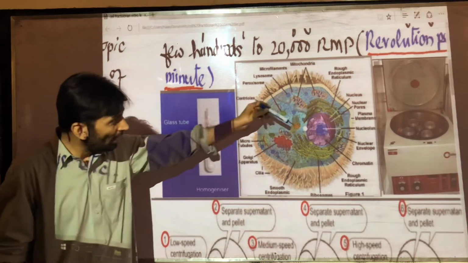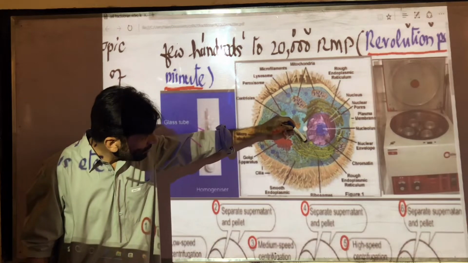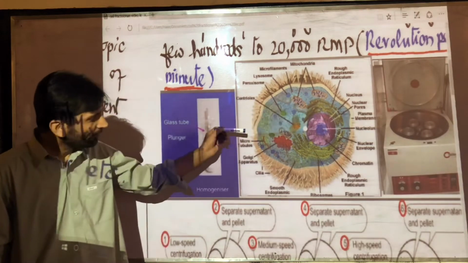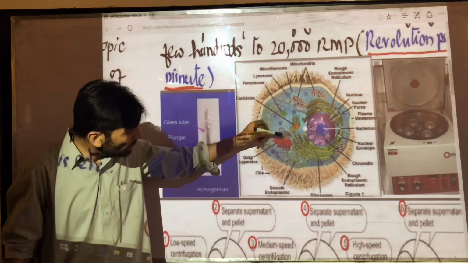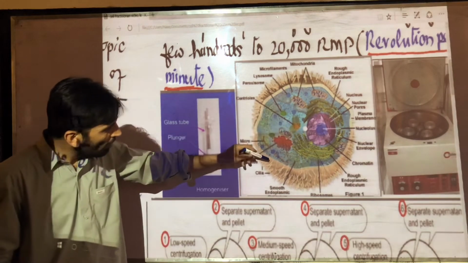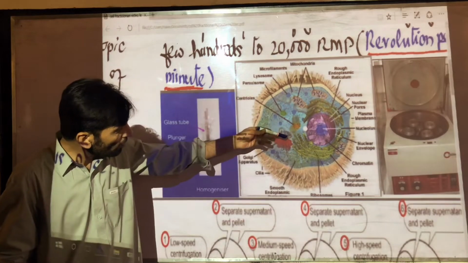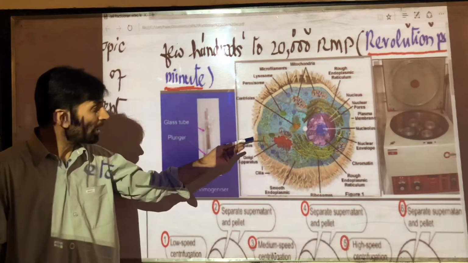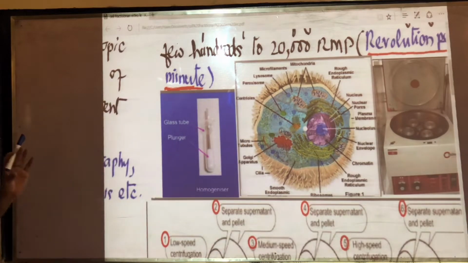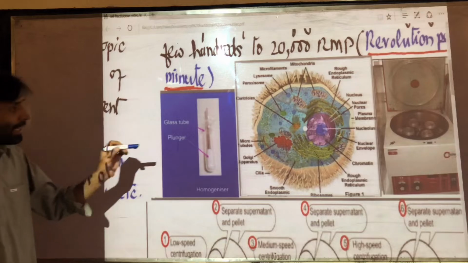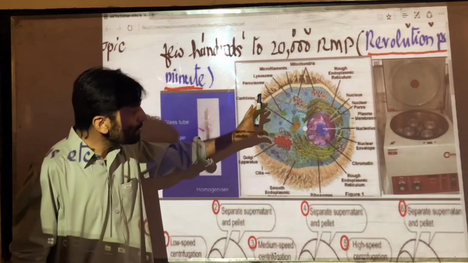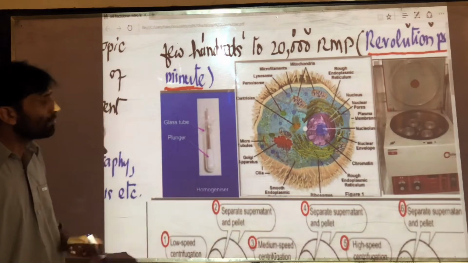For example, you can see endoplasmic reticulum is attached with nucleus, and Golgi bodies may attach with endoplasmic reticulum, and ribosomes are attached with endoplasmic reticulum, and endoplasmic reticulum may also attach with cell membrane. So the purpose of homogenization is to separate these cell organelles from one another so that they can be centrifuged easily.